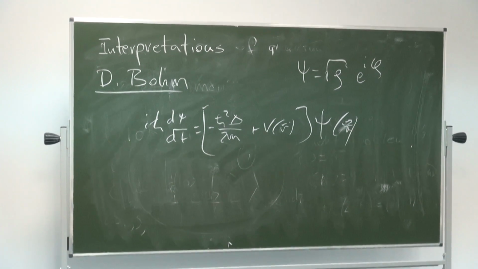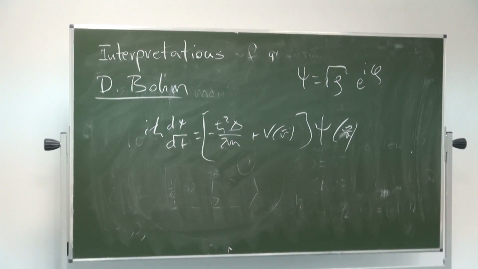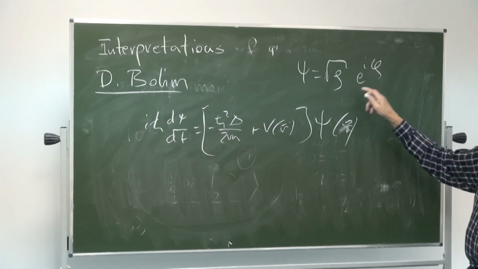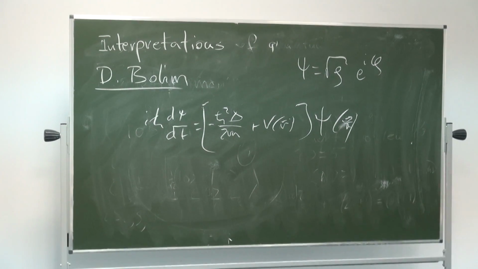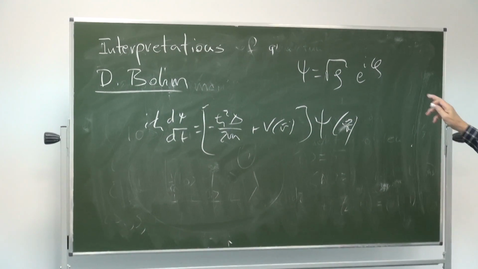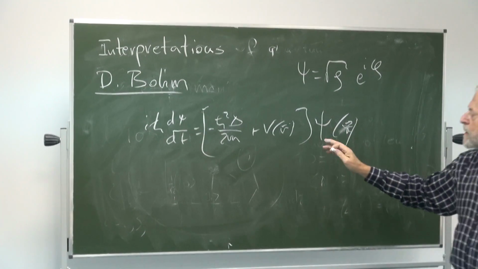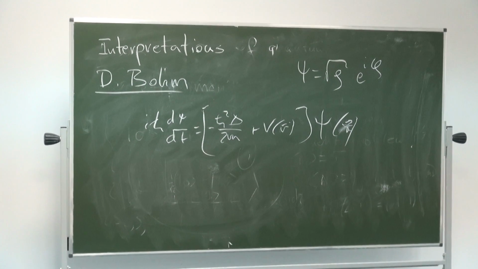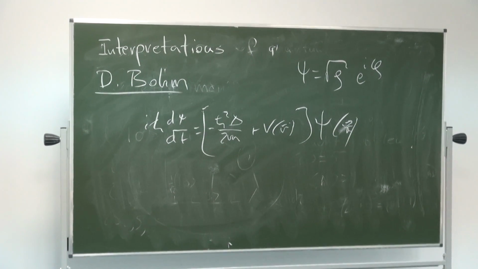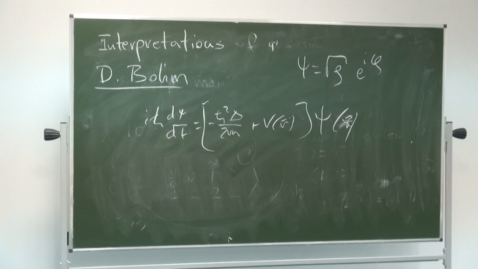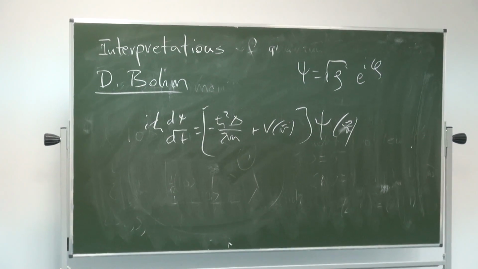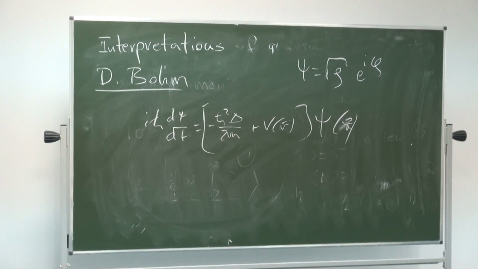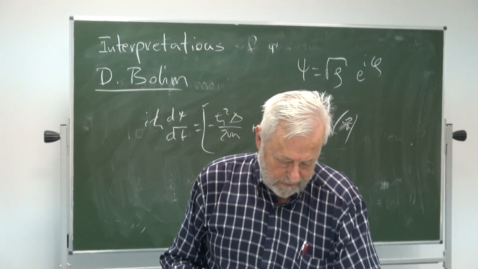Now let me tell you that the easiest thing to do, if you want to do this exercise, is to substitute this, do these differentiations, and then multiply everything by e to minus i phi, or in other words, take in every term e to the i phi outside and then cancel it. That's the way. And then identify real part with real part, imaginary part with imaginary part. It's a bit tedious, but well, it's a little exercise.